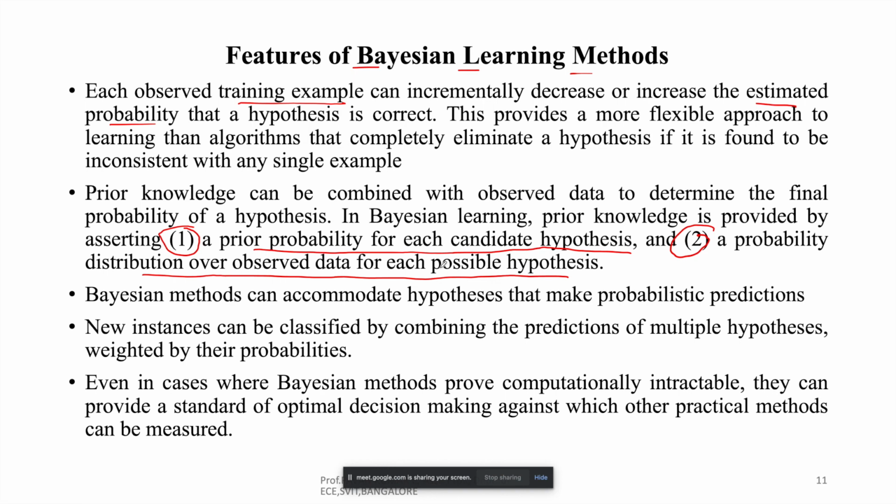Then these methods accommodate hypotheses that make probabilistic predictions. As I said, this is the best method for your prediction. Also, if you have new instances in between, it's very easy to feed them in and try to predict.